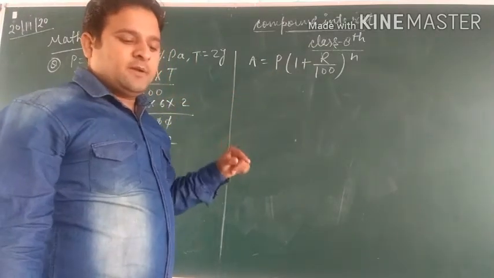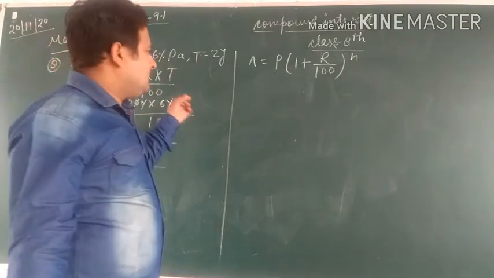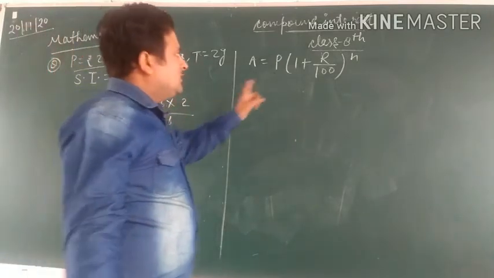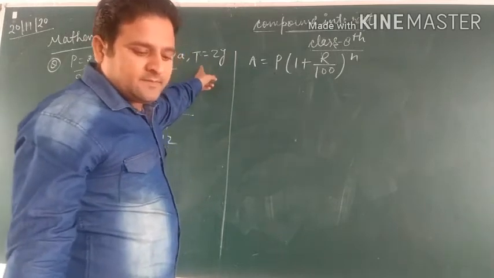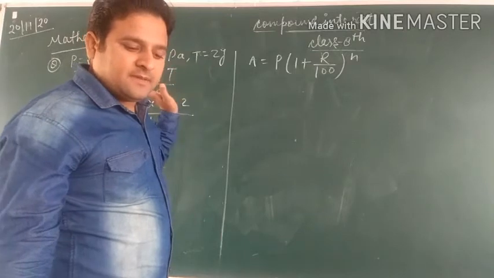But 6% compound interest means the rate, you are getting compound interest. Firstly, it is taking as simple interest. And T equal to time is, what extra amount he had got on this sum. Time is same.